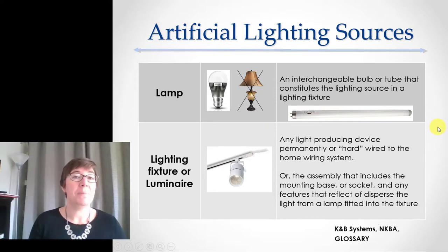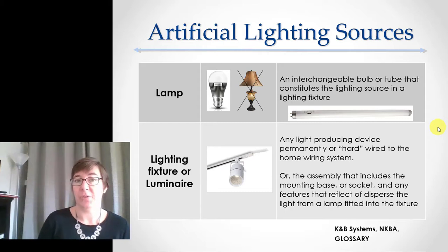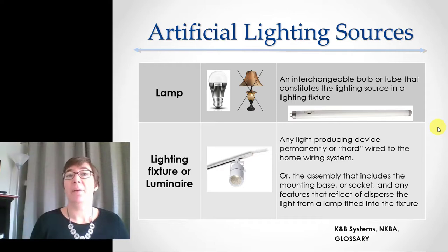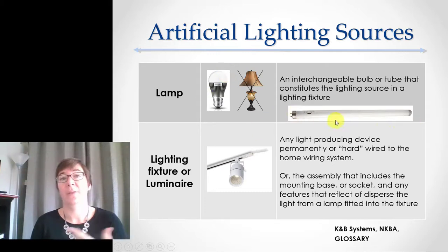The word lamp is actually defined as the interchangeable bulb or tube that constitutes the lighting source in a lighting fixture. So when a lighting designer says the word lamp, they are meaning the bulb, this one right here, or the tube if it's a fluorescent fixture.